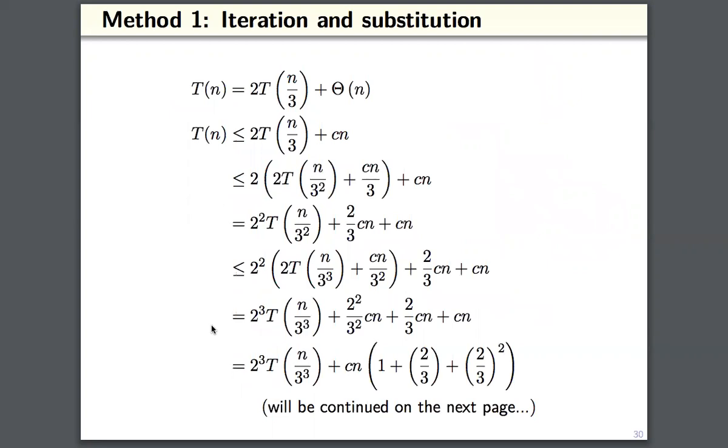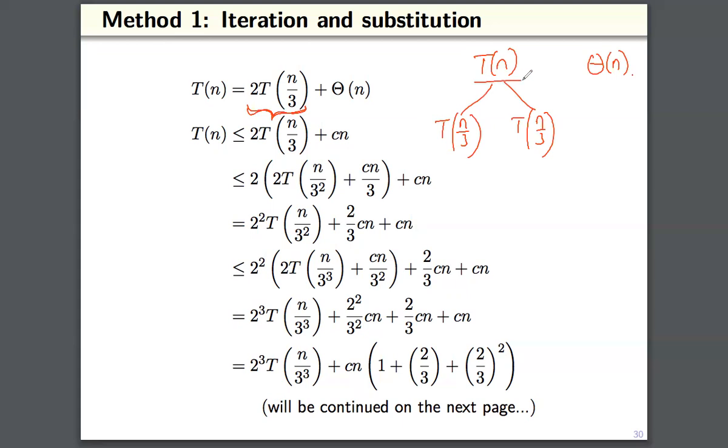Suppose you have a recurrence like this: 2T of n by 3 plus theta n. What is the meaning of this? Maybe there is a divide and conquer algorithm, something like T of n by 3, T of n by 3, plus theta n. Let's analyze this.